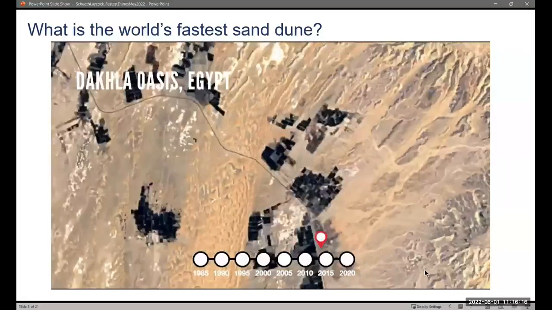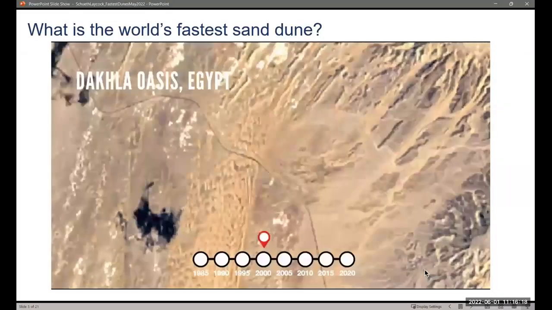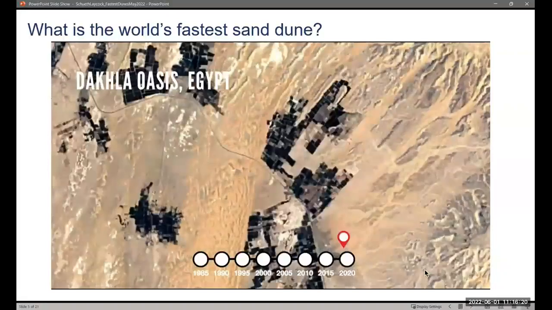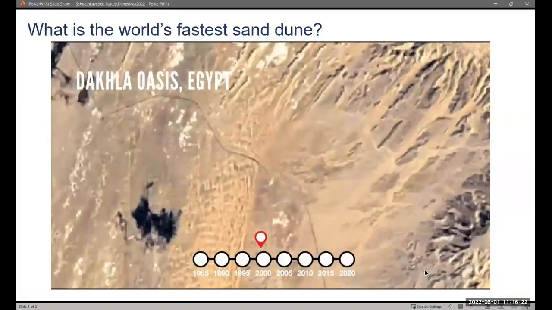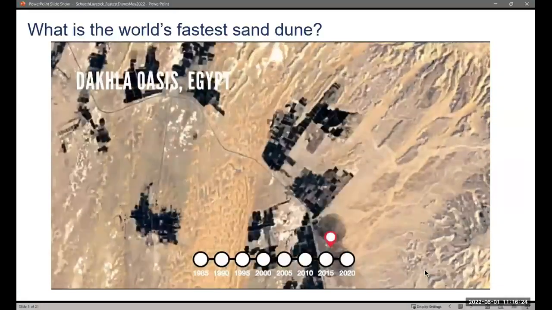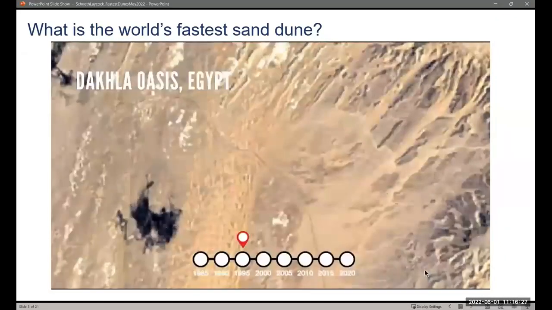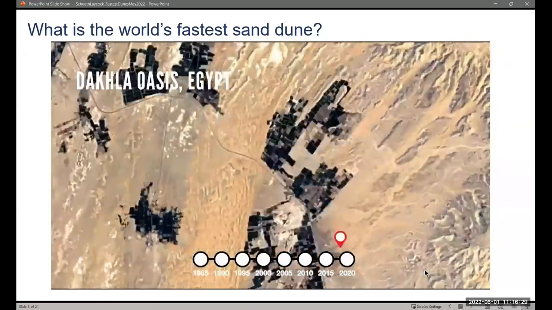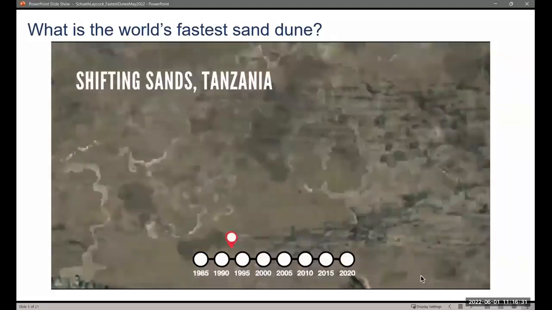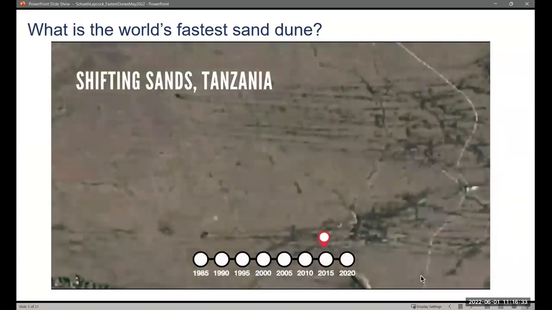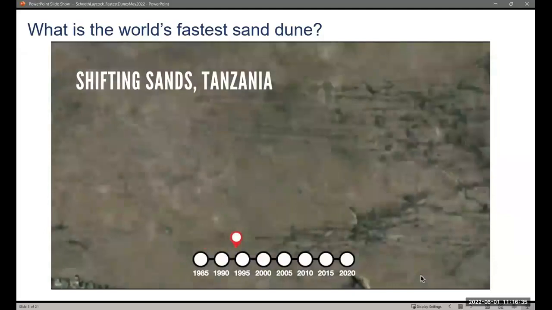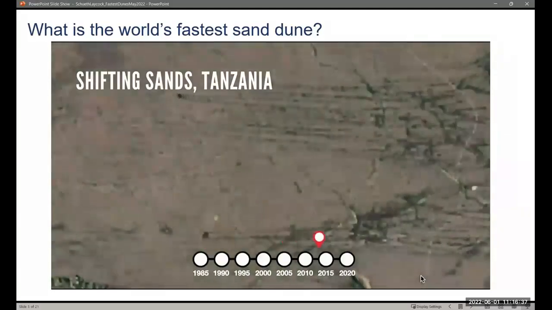And so what we really wanted to do with this work is not just show clearly that you can see dunes moving on Google Earth, because that's pretty obvious, but to determine whether using Google Earth historical images would provide a similar sense to the more quantitative remote sensing and other methods which people have already used to measure dune migration.